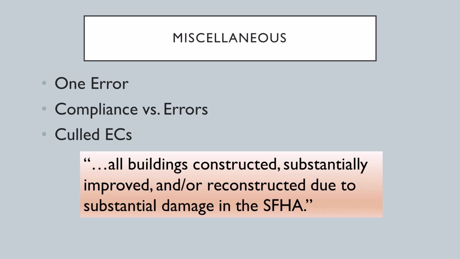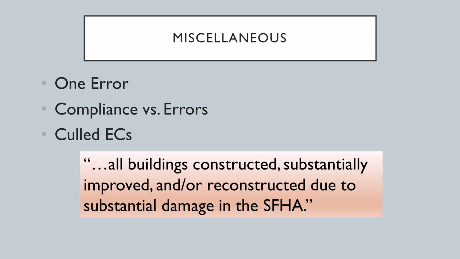When you submit your ECs to ISO for review, we cull any ECs that do not fit the CRS requirement of all buildings constructed, substantially improved, and/or reconstructed due to substantial damage in the special flood hazard area. Examples of culled ECs are those for a structure in the X zone or uninsurable buildings like cell towers or small accessory sheds.